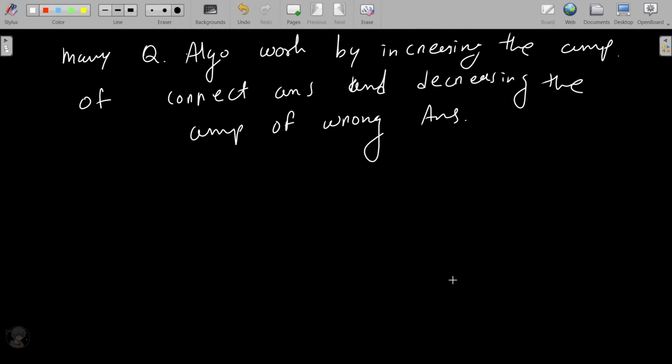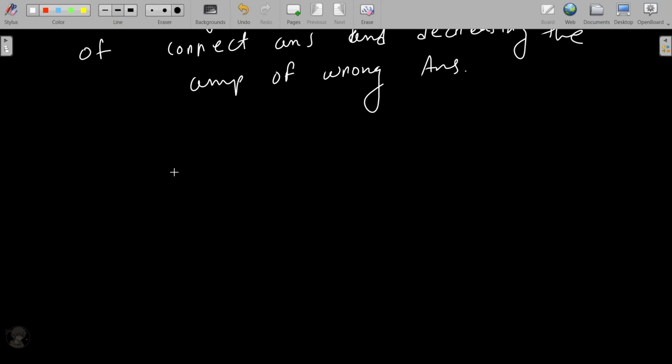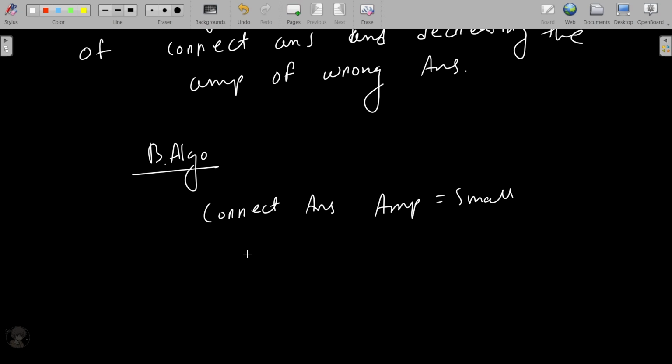Before the algorithm, the correct answer's amplitude is small and the wrong answer's amplitude is large.